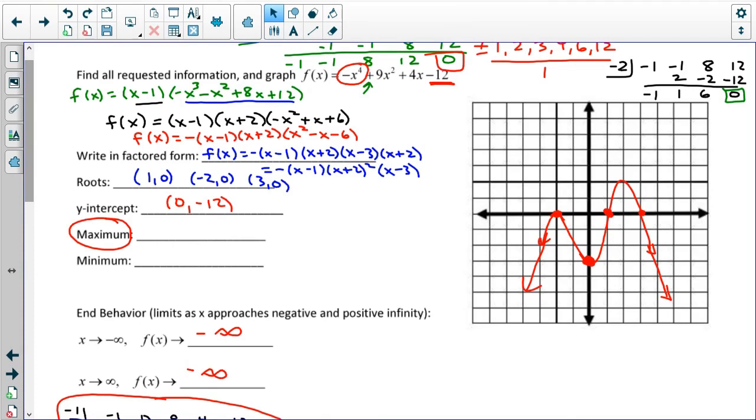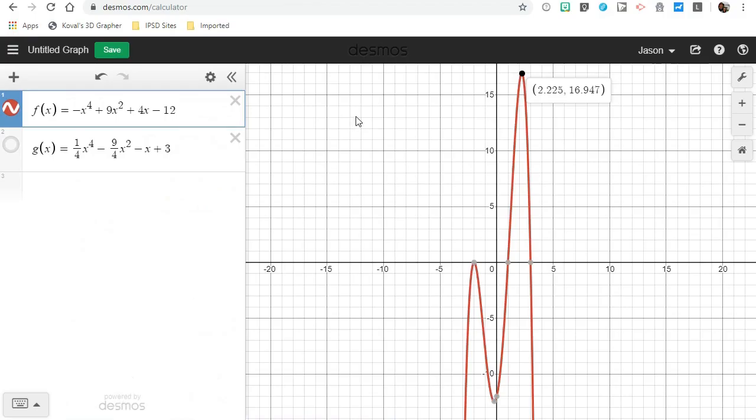So if I quickly look at the graph, I'm not going to use the TI just for time purposes, but if I quickly look at the graph and I see -x to the 4th plus 9x squared plus 4x minus 12, I see that my maximum is at 2.225, 16.947.